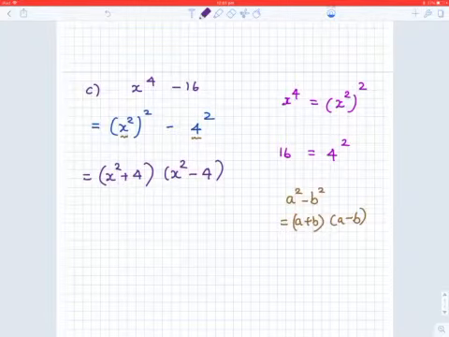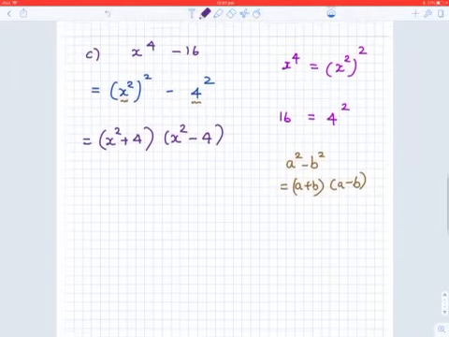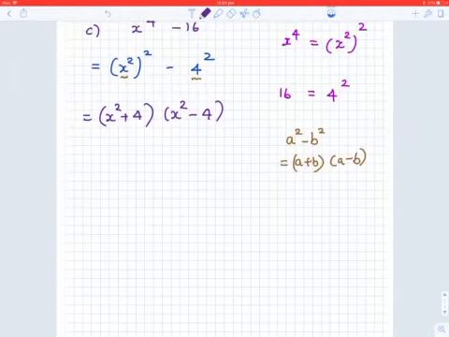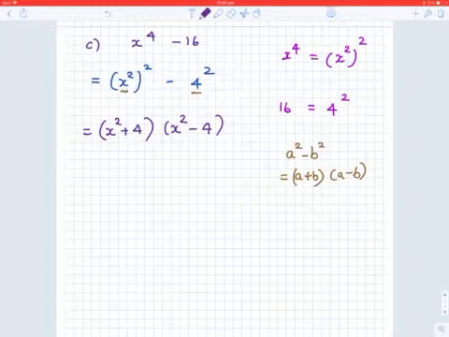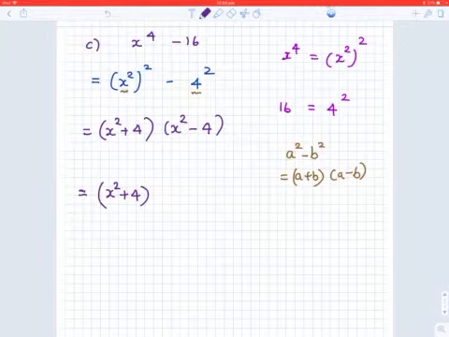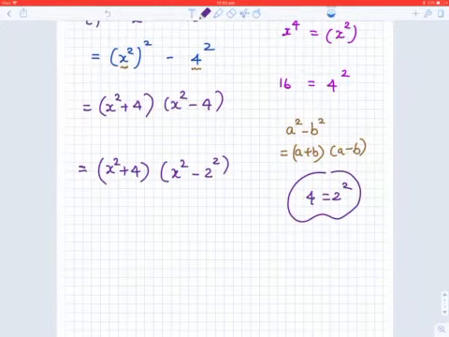Now again, the question says factorize completely, because that means there must be some extra step we need to do. Now x square plus 4 cannot be factorized anymore. However, x square minus 4 can be written as x square minus 2 square, because 4 is 2 square.